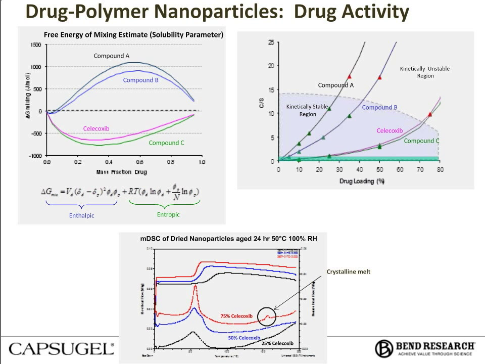So the physical stability with respect to crystallization can be further assessed by aging dried particles at high temperature and humidity, and you can see on the bottom plot there where the highest loaded compositions, which are in the kinetically unstable region in the upper right plot, are shown to crystallize as evidenced by the drug melt in the aged sample of the 25% loaded nanoparticles shown in the red curve on the DSC at the bottom of the page. So the activity and stability is tunable and understandable, I guess, is what we're trying to say here.